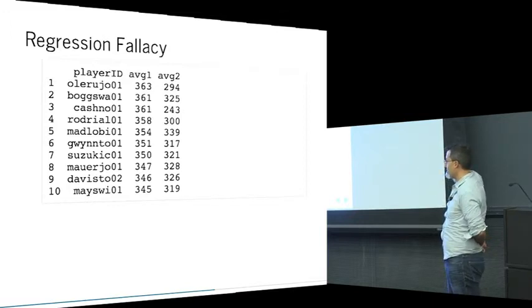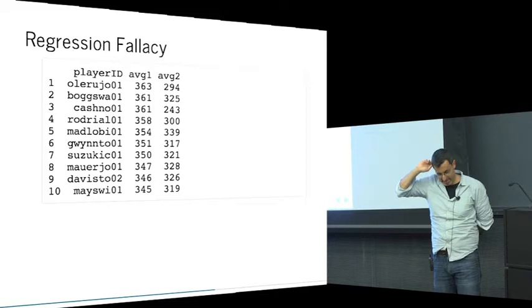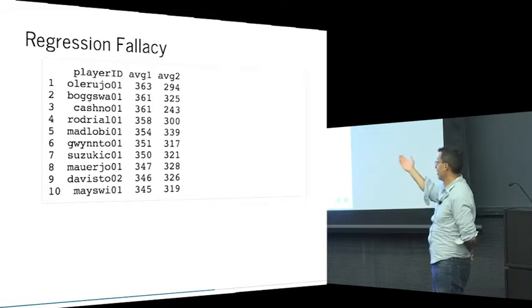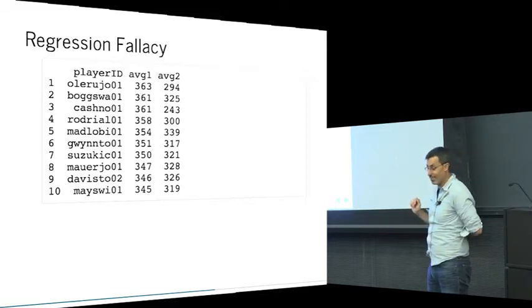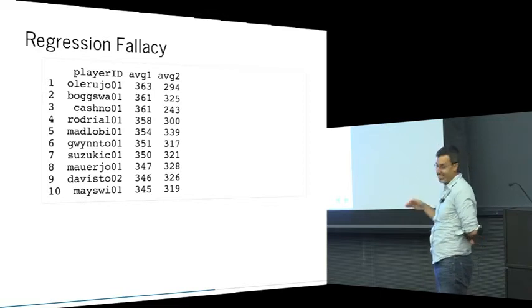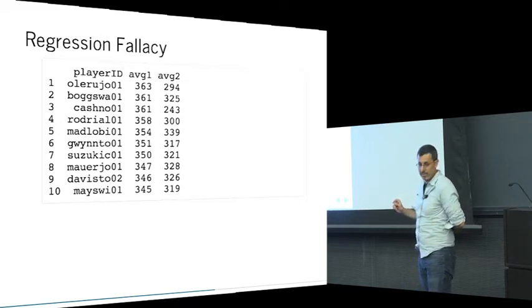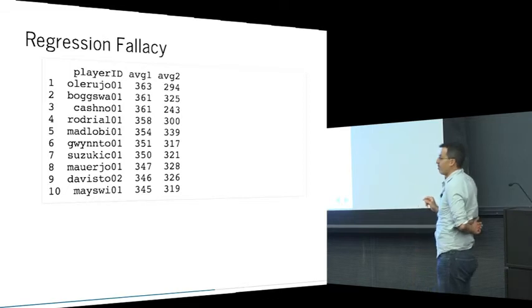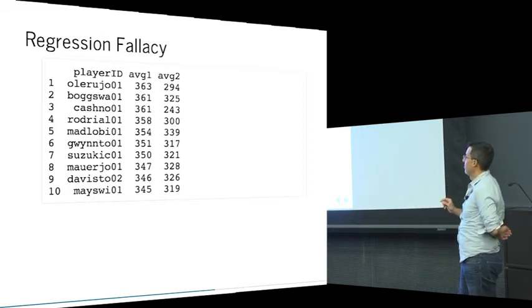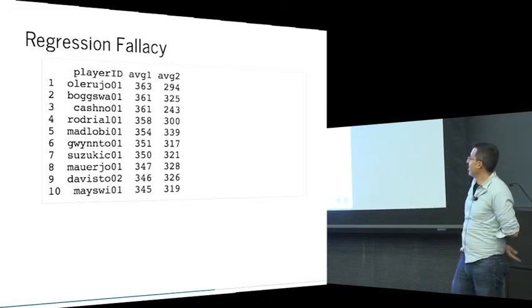His last name is Cash, and he batted .361. That must have been in the 50s or 60s because I have no clue who that is. Alex Rodriguez, you know who that is, I hope. A-Rod. Everybody hates him. He hit .350.